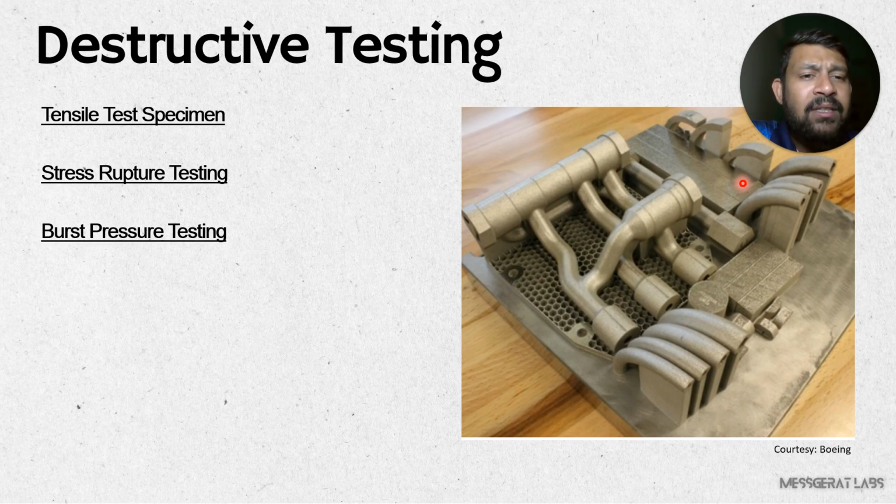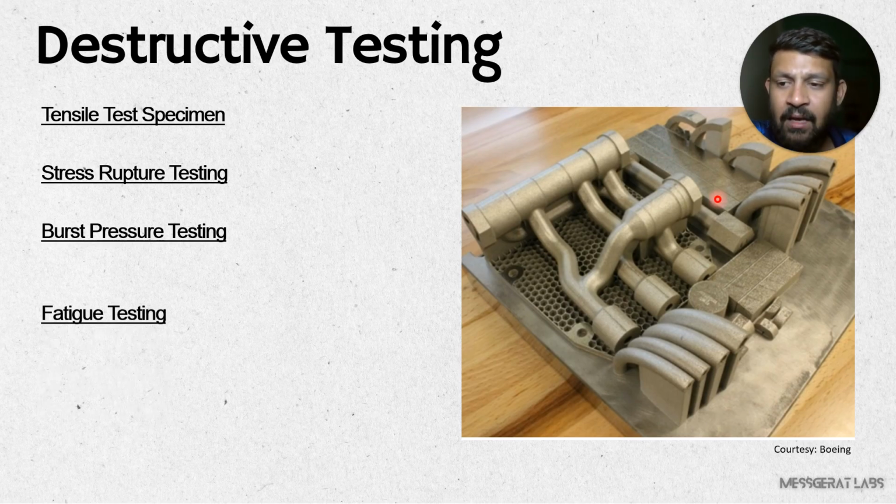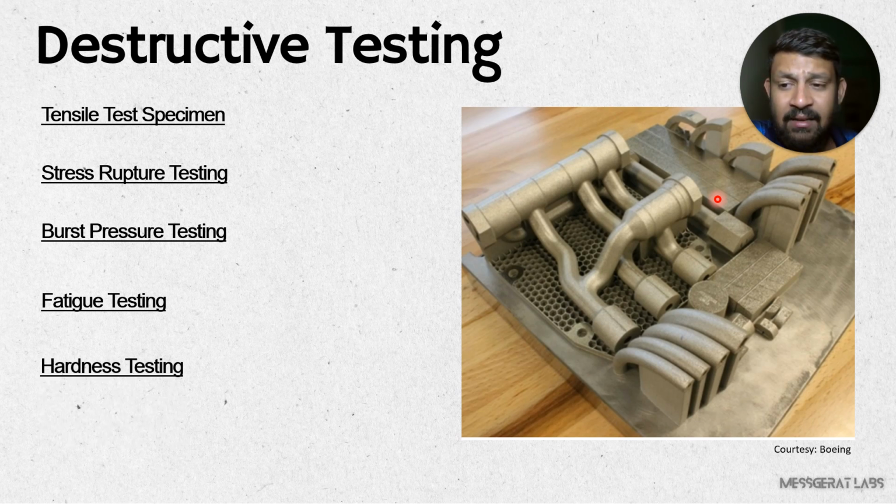So you print burst pressure testing coupons along with the part. Then we have fatigue testing. Then we have hardness testing. Hardness testing is basically Vickers hardness, Rockwell hardness, Brinell hardness, and all of it can be done on a very simple coupon, a circular coupon or a cubic coupon, which you will put under the hardness testing machine.